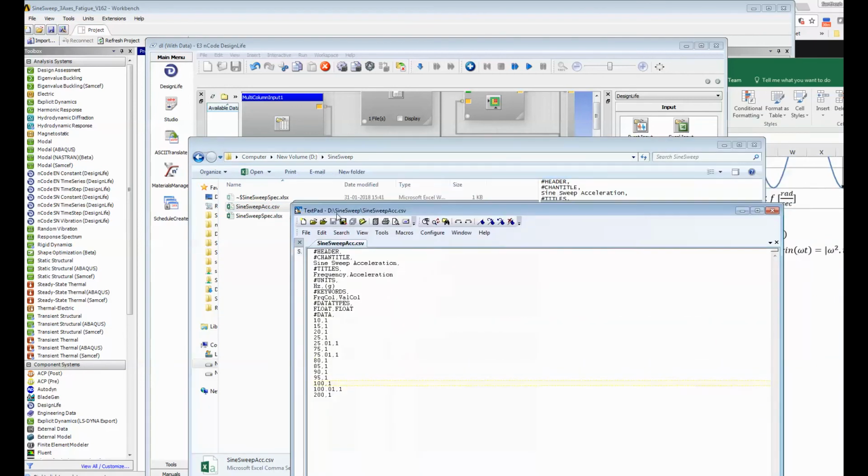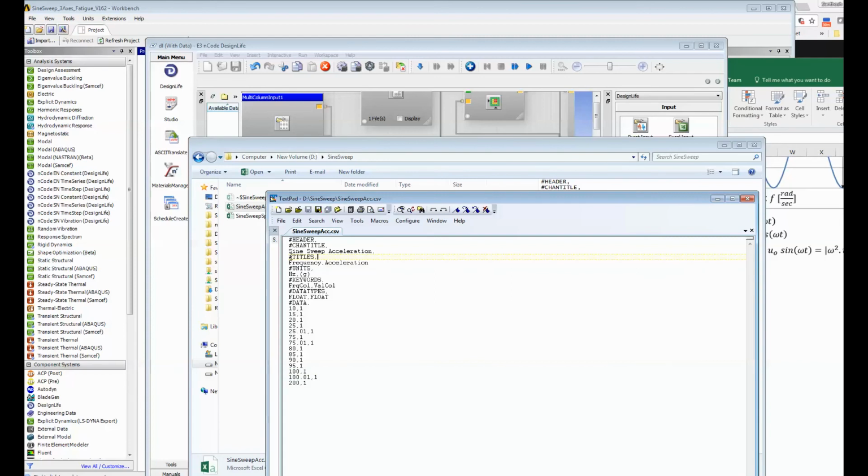The syntax would be something like this: sine sweep acceleration, frequency comma acceleration. It will contain two columns. The first column represents the frequency and the second column represents the acceleration. Units: the first column is of Hertz unit and the second column is of G unit. We can then copy paste this data.